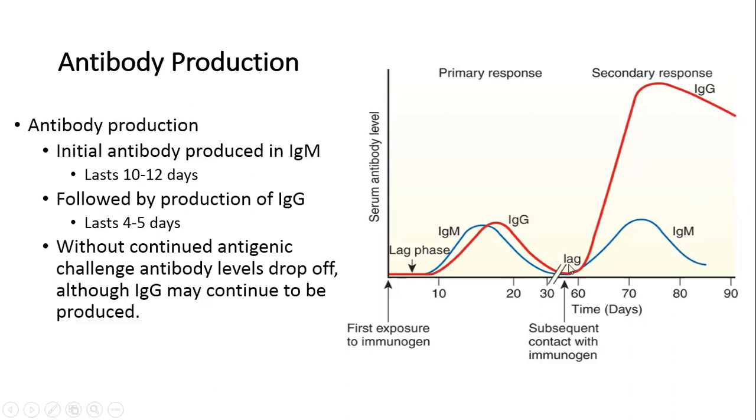So that's one of the responses of T helper cells, it can trigger the B cell production. But we've already seen it.